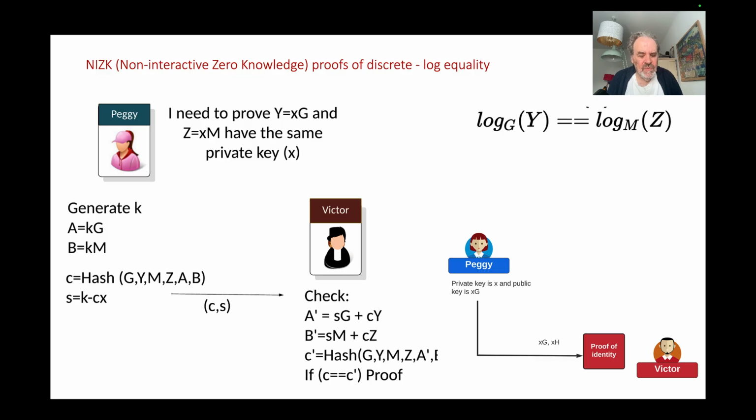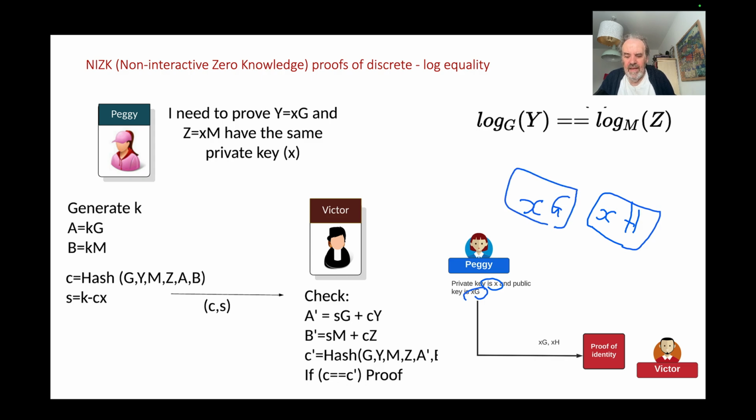Another method that we can use is what's called a discrete log equality method. In this case, what happens is that if Peggy has a value of X and a public value of XG, she can actually produce another point on the curve with a new base point of H. And then Victor will be able to prove that the value of X is actually the same without actually revealing it.